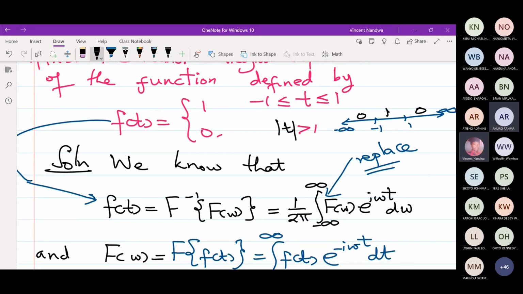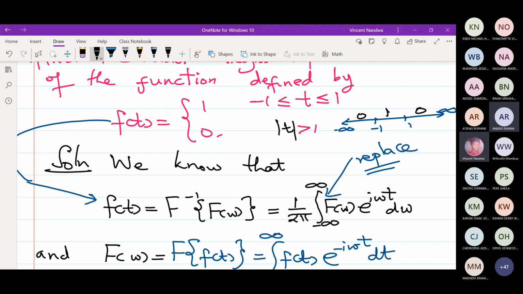So if, by definition, we have to carry out integration from minus infinity to positive infinity, then using properties of integrals from calculus, it is the same as carrying out the integration from minus infinity to minus 1, plus integration from minus 1 to 1, and then finally integration from 1 to infinity.